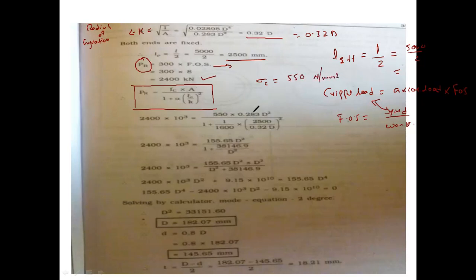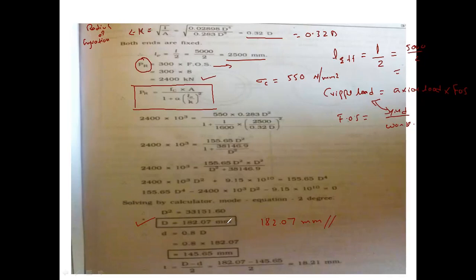The area is given, PR you know, Rankine constant a is 1 by 1600. Lambda you calculate as effective length by radius of gyration. Substitute all the values, you will get some equation. Solve this equation. You will get your D value as 182.07 mm.